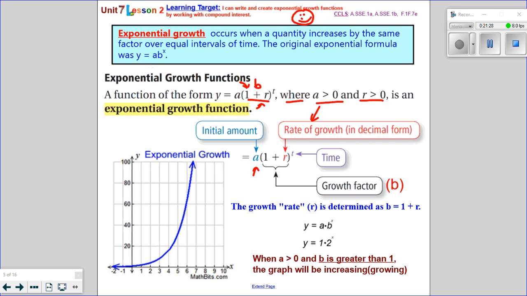So the growth rate r is determined as b equals 1 plus r. And y equals a times b to the x is the same as y equals a times (1 plus r) to the x. So we're dealing with the same formula. It's just that that 1 plus r is b. I don't want you to get confused with that, but try your best.